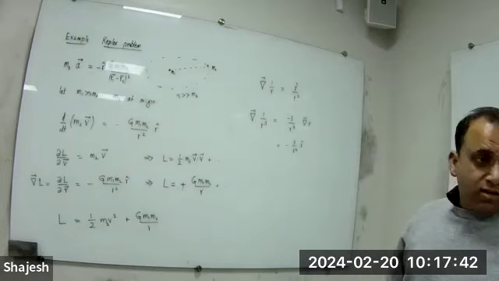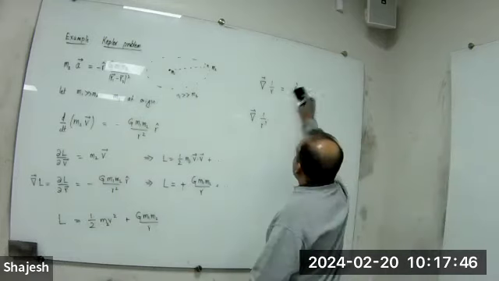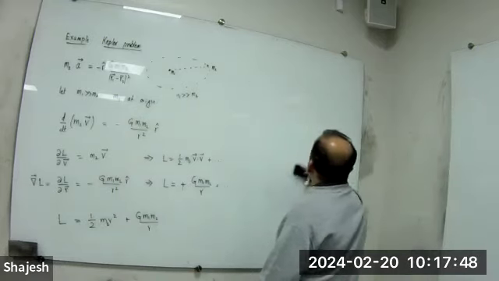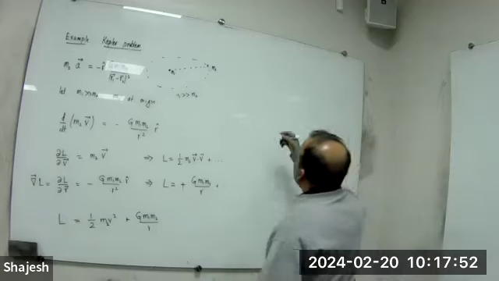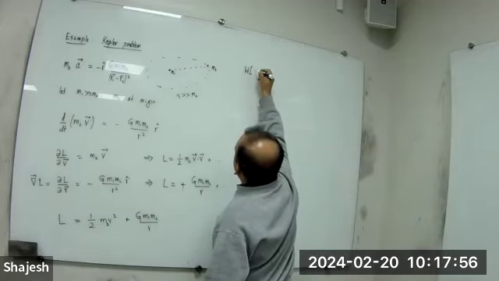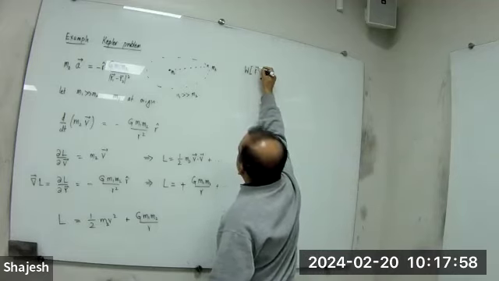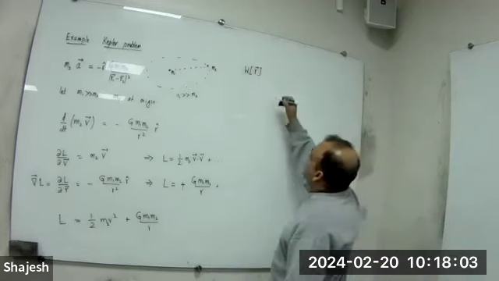Let's check. So we have the Lagrangian, check it out again. So our action will now be position dependent, right? No velocity dependence. That's your action.